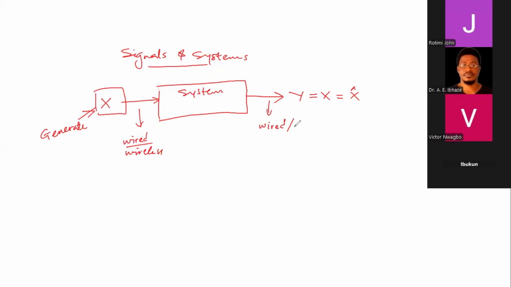Now, if something is generated, it means that this has to be recovered, isn't it? Yes, sir. So at the point where we have the signal, we must have a signal generator. At the point where we have to recover this, we must have something to recover it. And at this point, we talk in terms of transmission.